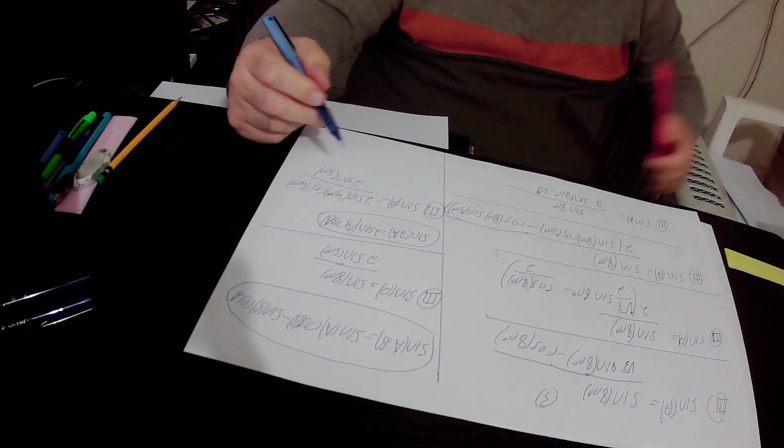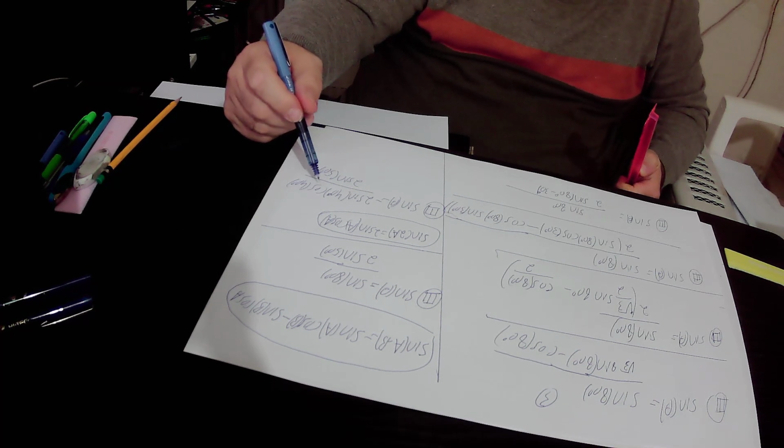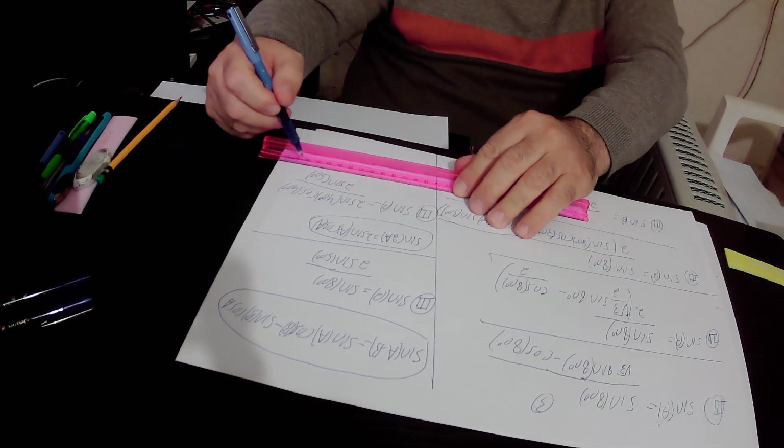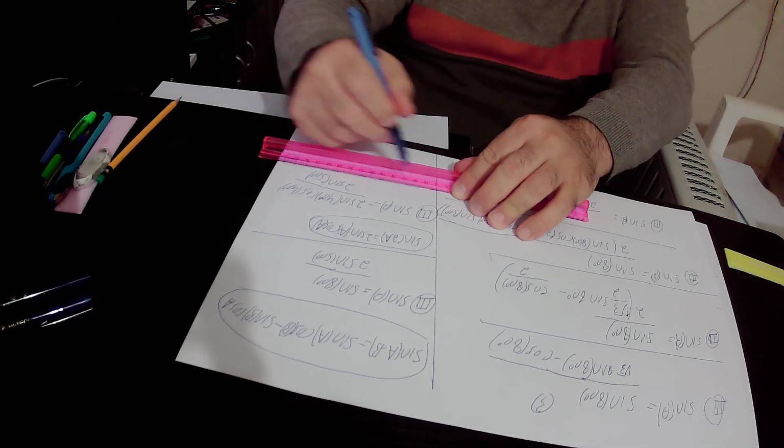Okay, so we found out that sine theta equals 2 sine 40 degrees cosine 40 degrees over 2 sine 50 degrees. 2 over 2 is 1, so 2 will get cancelled.